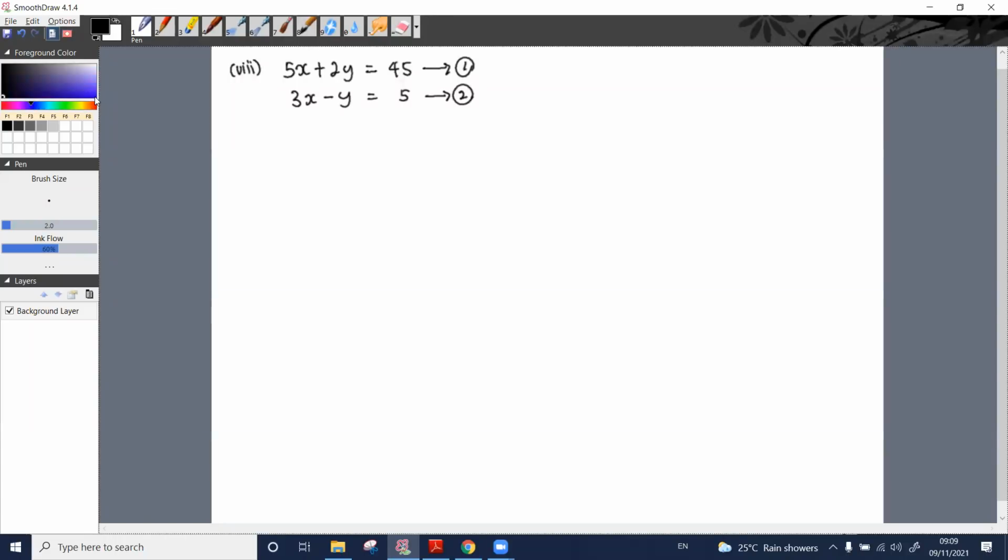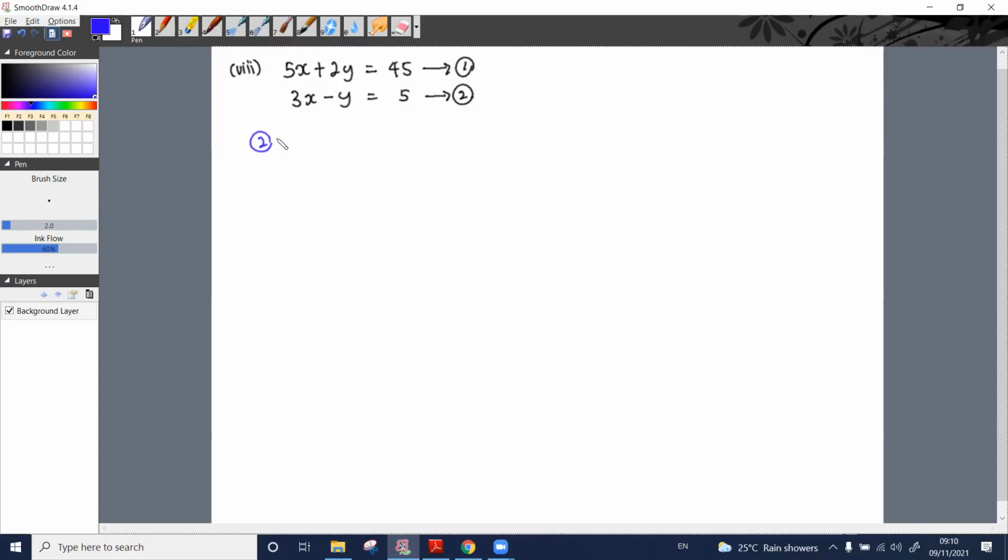We need to select one of these two variables to eliminate first. You can select either x or y. In this case, I will pick y. We will eliminate y first. To eliminate y, the absolute values of y should be equal in both equations. To make them equal, what do I need to do?